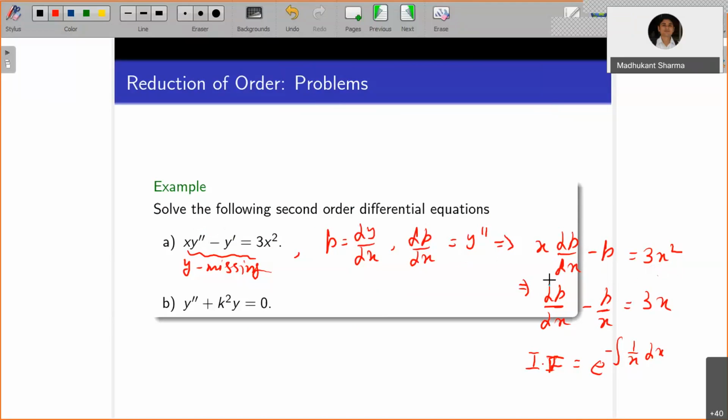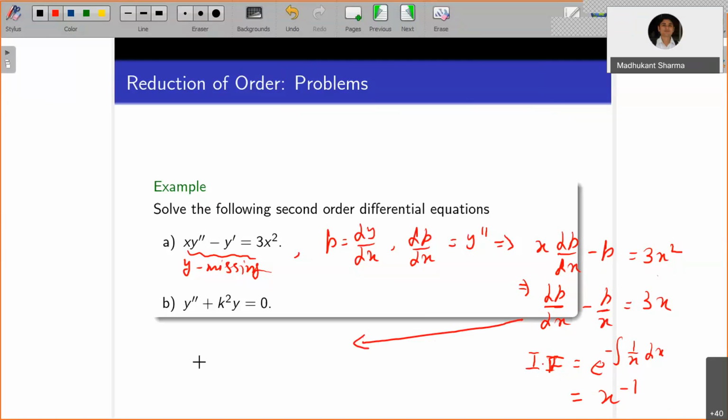Now you can make the coefficient of dp by dx 1 by dividing by x on both sides. The resulting equation is a first order linear differential equation whose integrating factor is e to the power integration of the p coefficient, that's minus 1 by x dx, and that is nothing but x to the power minus 1.